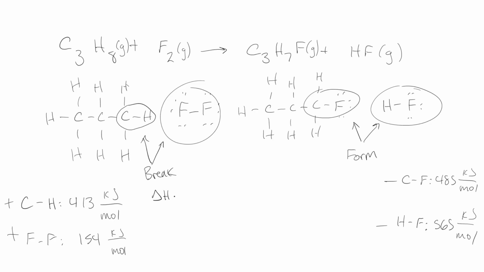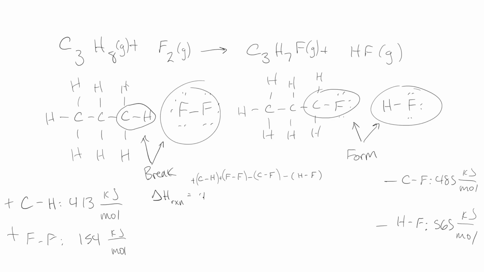So you're going to have your carbon-hydrogen bond and your fluorine-fluorine bond, those are going to be broken. Then you're going to subtract off a carbon-fluorine, and I'm going to put these in parentheses so I don't confuse them, and you're going to subtract off a hydrogen-fluorine. To break a bond takes energy, so you add it, and to form a bond you release energy, so subtract.